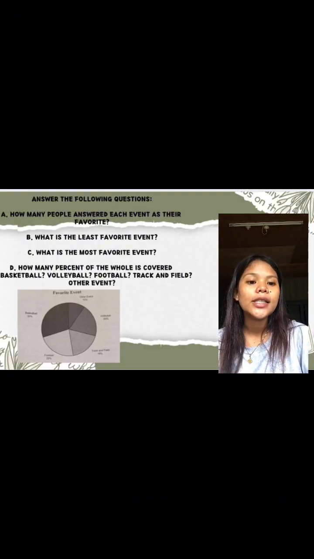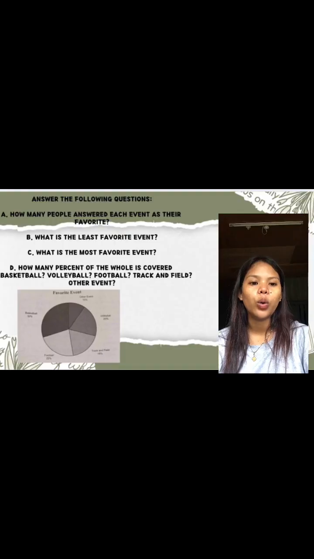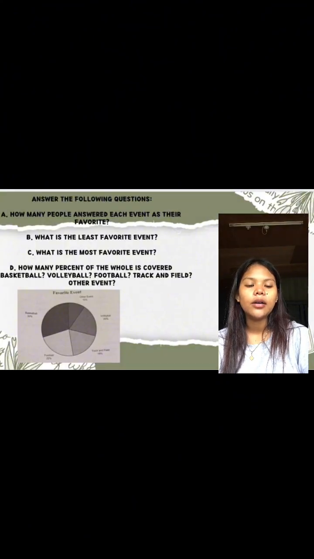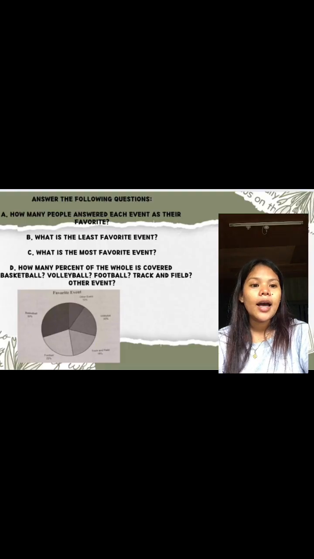So last is D, how many percent of the whole is covered by each event? So para makuha nato ang percent, ang number sa people, i-divide nato siya sa 250, which is katong gipangutana ni Mark kung unsa ilang favorite event, and then i-times nato siya sa 100.